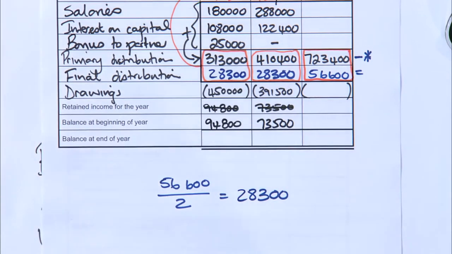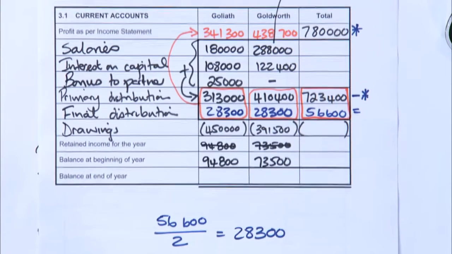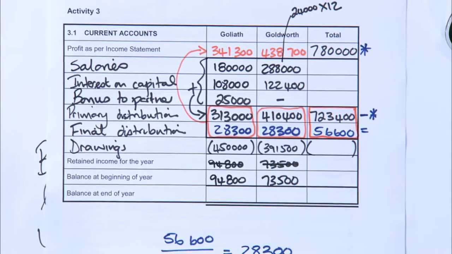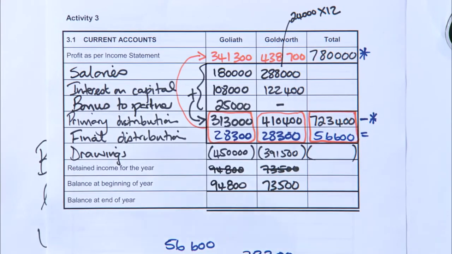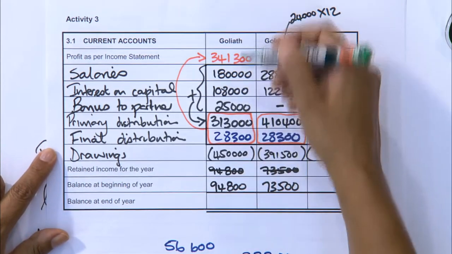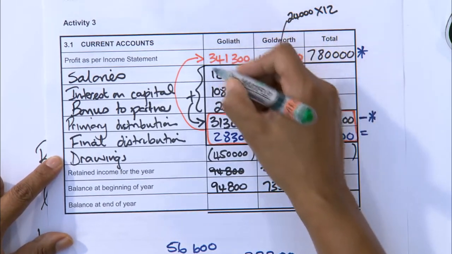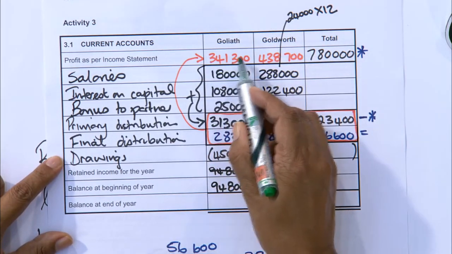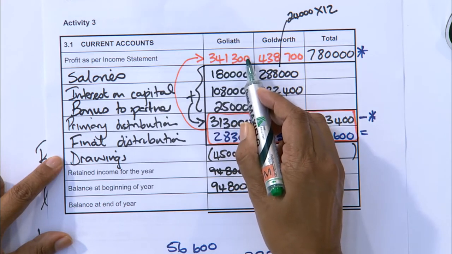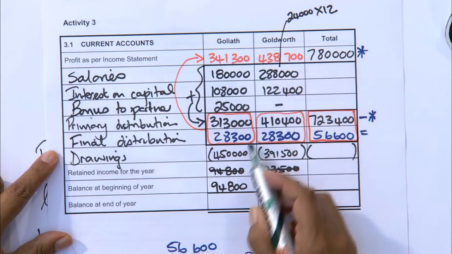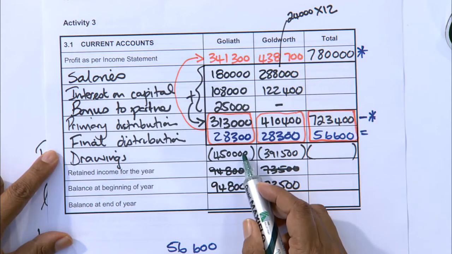Now all I must do is adding and subtracting. So I'm going to take my green. I'm going to show you the first line, how you work it out. You can see that Goliath earned 341,300 in this business, but he withdrew 450,000.